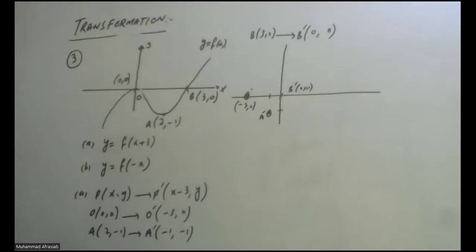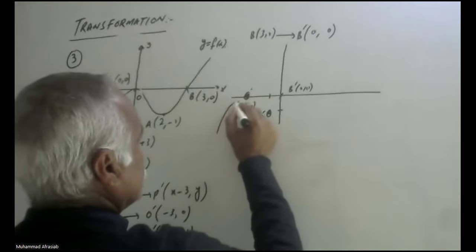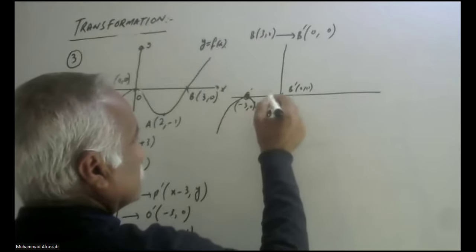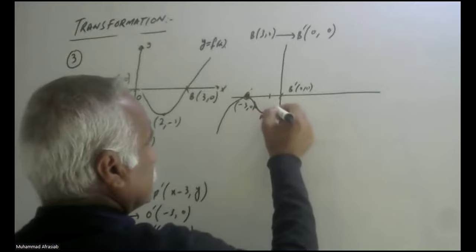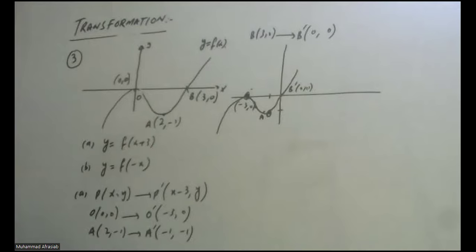Now we will draw the sketch of this curve. It has shifted 3 units towards the left of the origin with the same shape. So this is part A of this curve, and then part B.